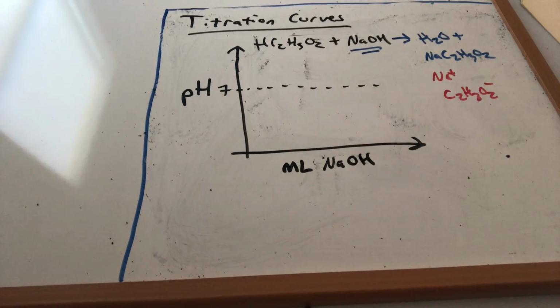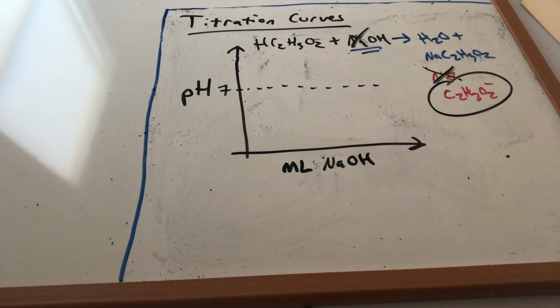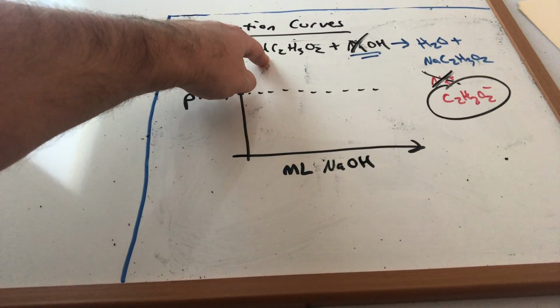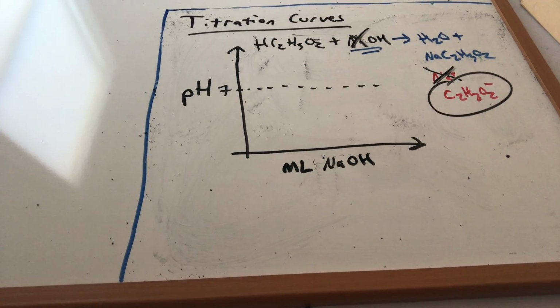Well, hold on a second. That Na+ is a spectator ion. It really doesn't matter at all. It's coming from strong NaOH. So the end point is all about making, from our weak acid starting point, the conjugate base completely.